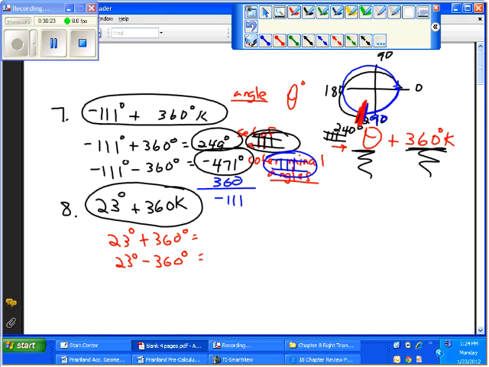So a positive one could be 383 degrees. And a negative one would be negative 337 degrees.